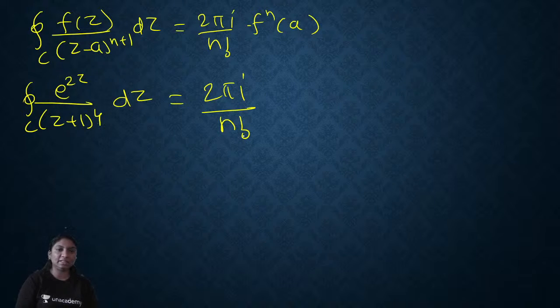अब यहाँ पे n है 3 because n plus 1 is equal to 4 है, तो 2 pi I upon n factorial into f raised to n. F raised to n means f triple dash. Right?